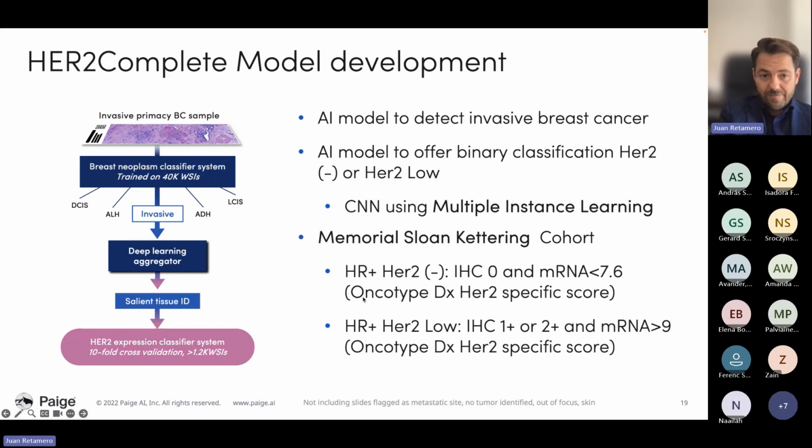This was determined via the Oncotype DX HER2 specific score. Those patients who had an mRNA level above 9 on the same test would be called HER2 low or above. The idea was to train an algorithm that would help us differentiate between these two groups that we see here.